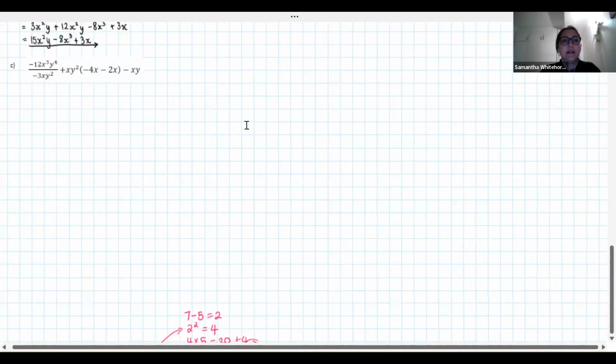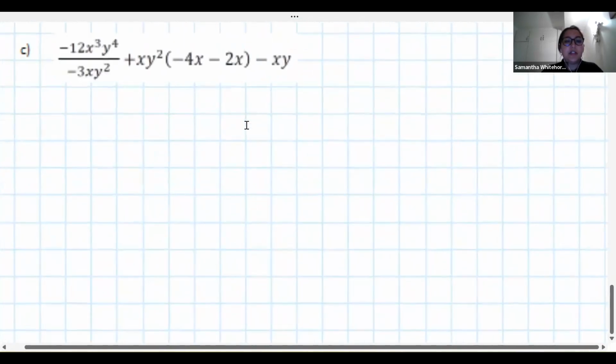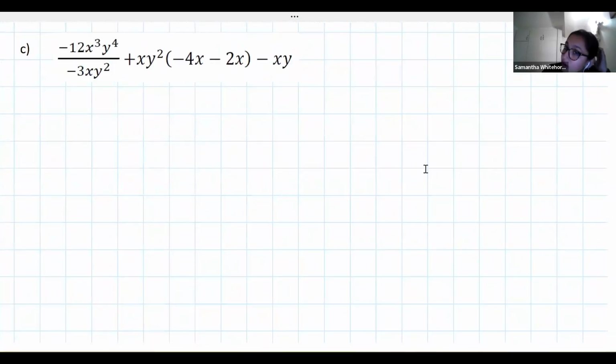Okay, so third question, I want you to try this by yourselves. Identify how many terms you have, simplify each of your terms, and then double check for like terms. So please give this one a try by yourselves. It is going to take a little while, so there might be just some patches of silence, which is absolutely fine, but I want you to try it.